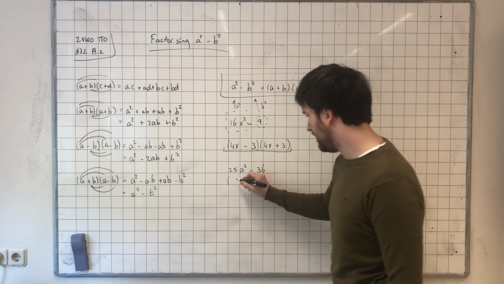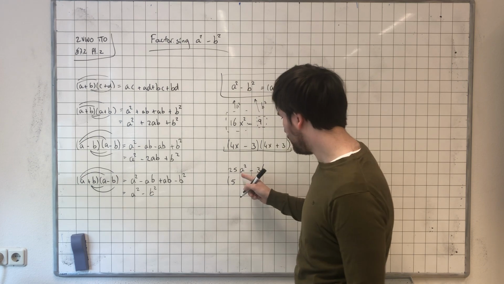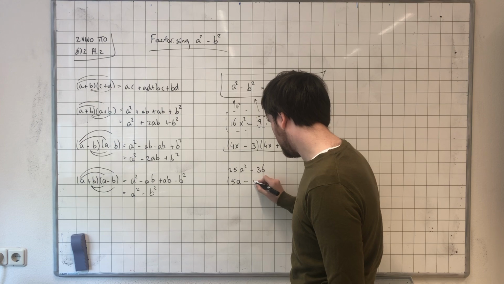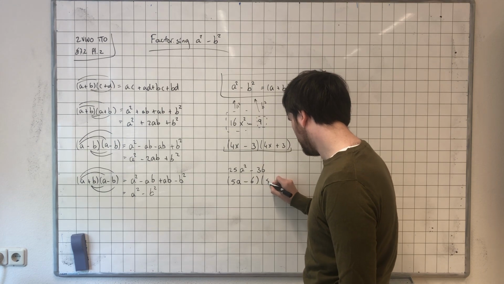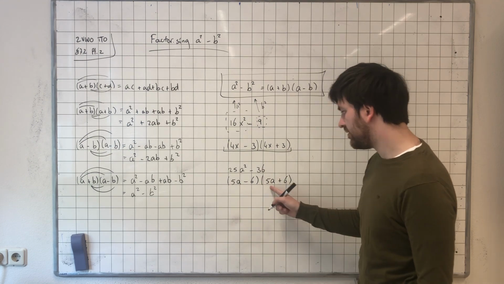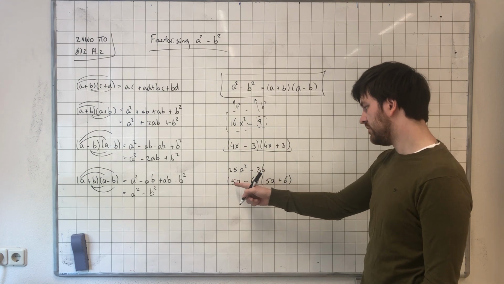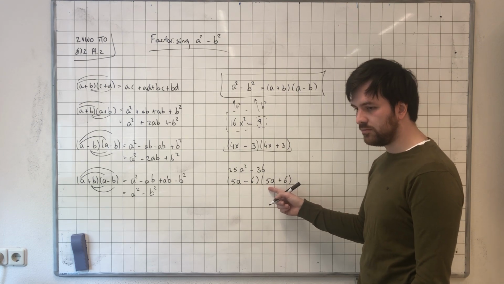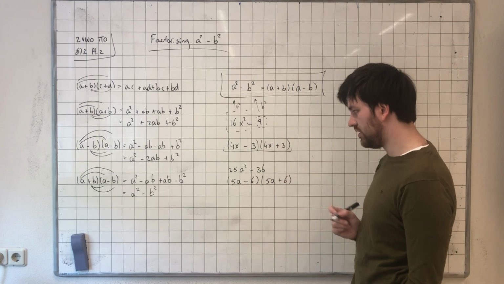The square root of 25 is 5. The square root of a squared is just a. The square root of 36 is 6. And then once again, but now with a plus. 5a times 5a is 25a squared. 5a times 6 is 30a. Minus 6 times 5a is minus 30a, minus 36.